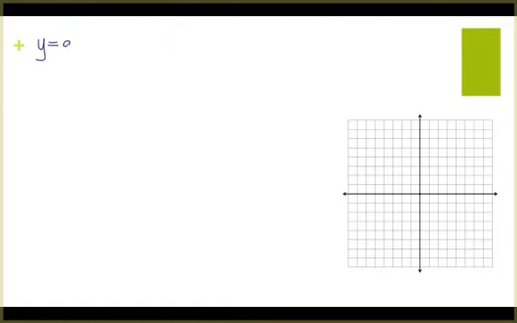Y equals a absolute value of x minus h. That h is inside, x minus h. It comes with a minus, just like point slope form, x minus x1, just like the equation for slope has the minus, just like the distance formula has the minus. Then this k outside is a plus k.